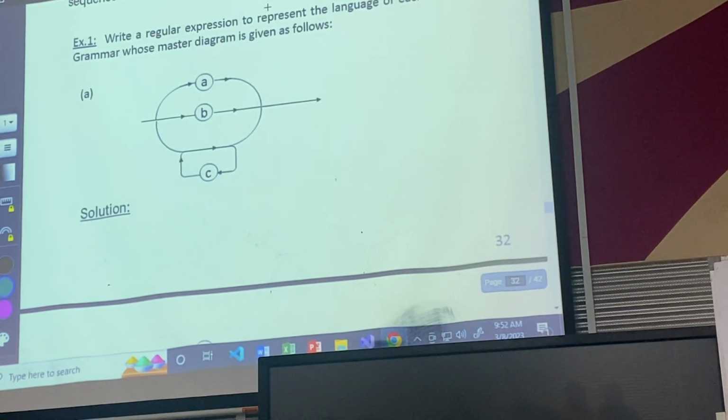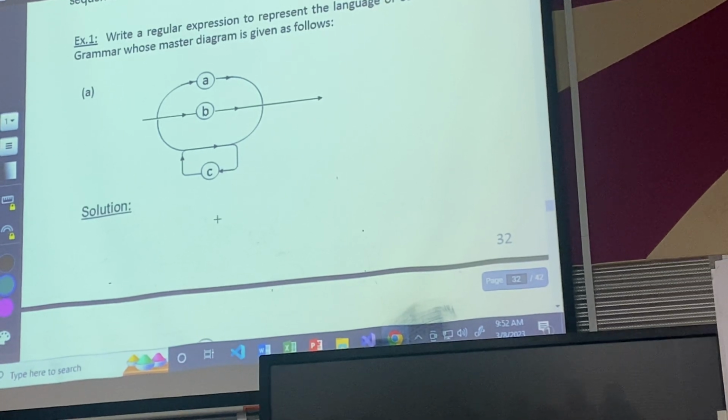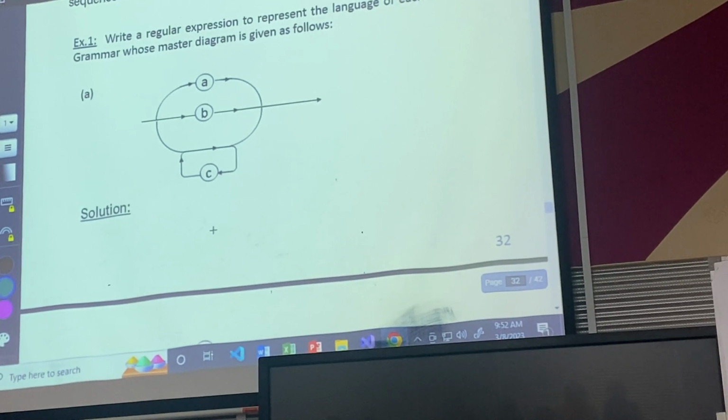So what is the regular expression for this one? Anyone can give me an answer or not? Yes, three alternatives. Very easy, right? How to write?